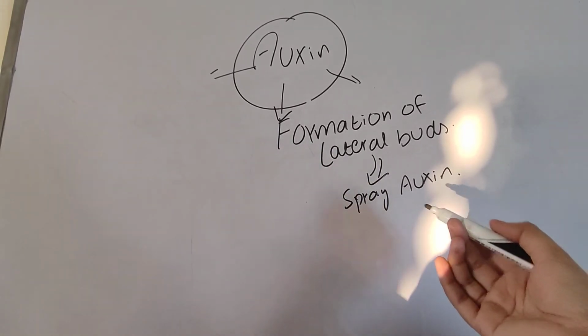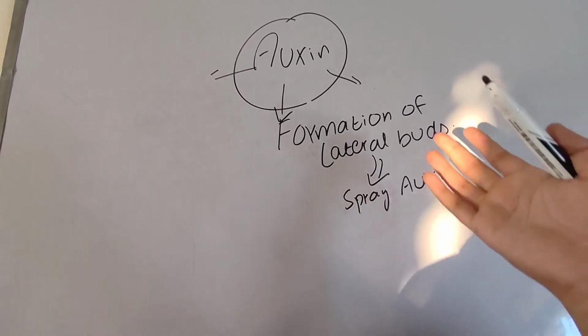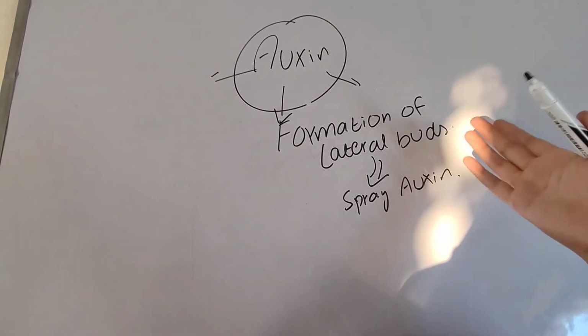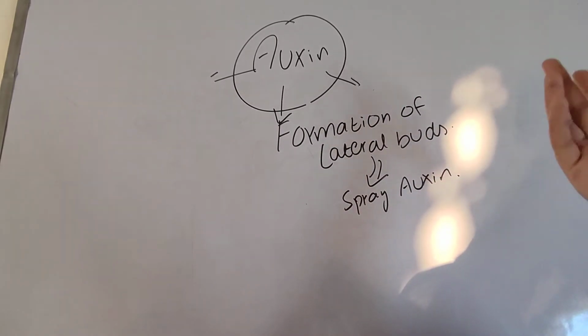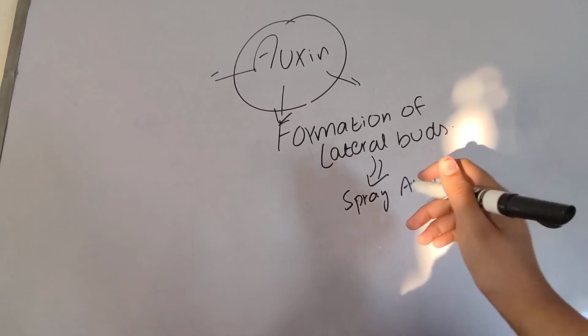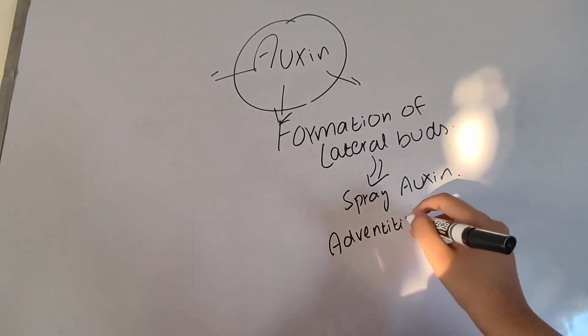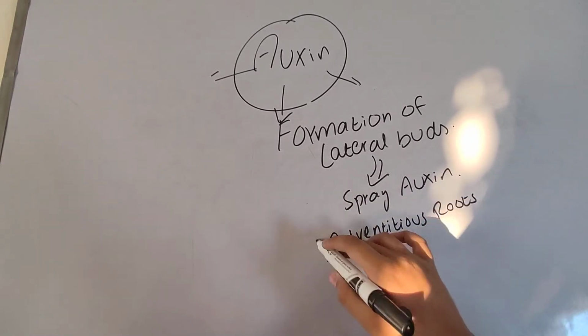So if we spray auxin onto it, then what comes after that? The lateral buds will increase in size, their height increases, and not only the lateral buds but the adventitious roots too.